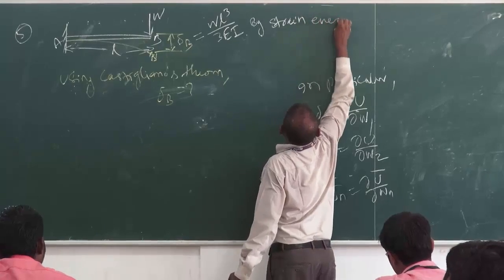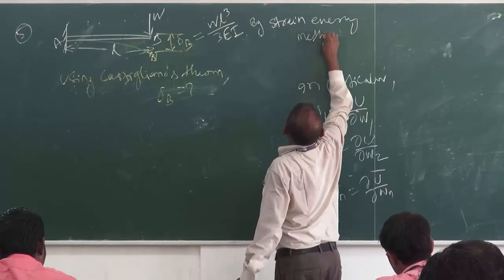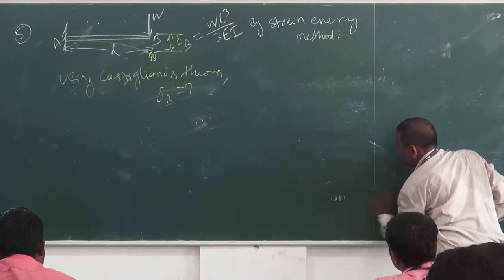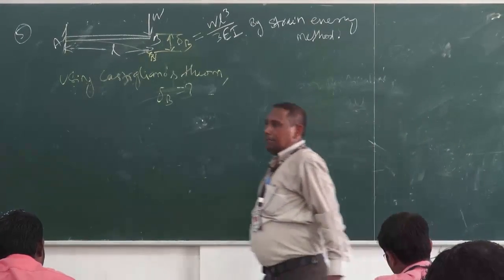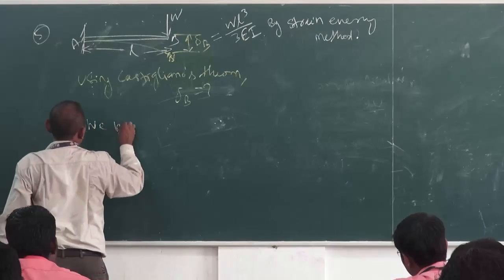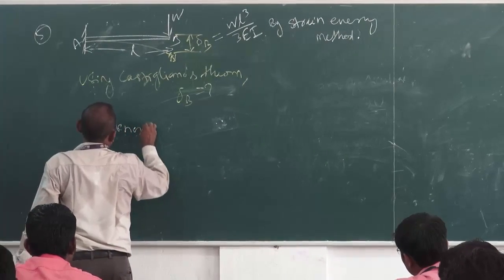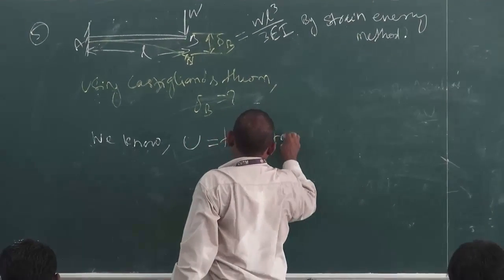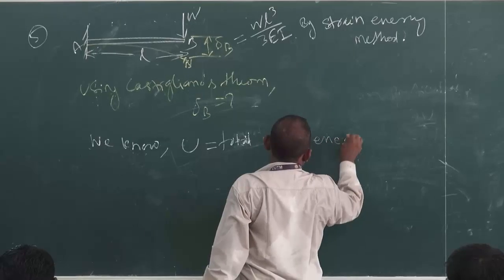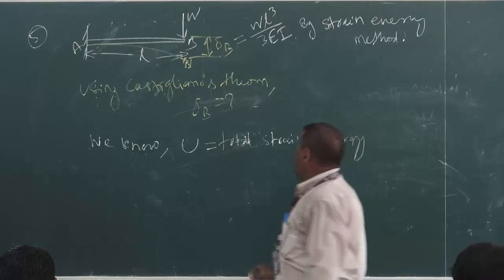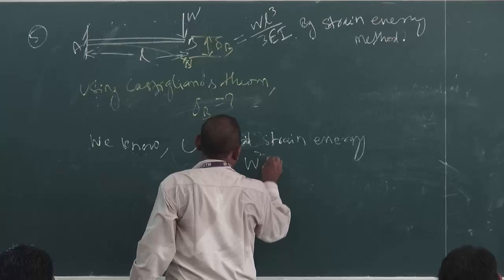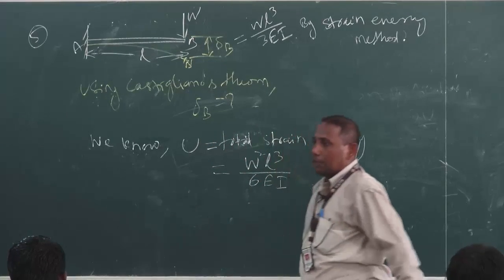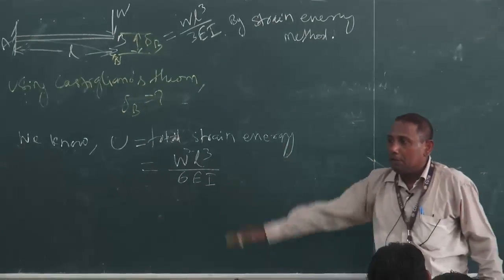Already you have done it by the strain energy method. We know your capital U is equal to the total strain energy, and we have already derived it as W square L cube by 6EI. Do you agree? In problem number 1 you derived the total strain energy for this cantilever beam.